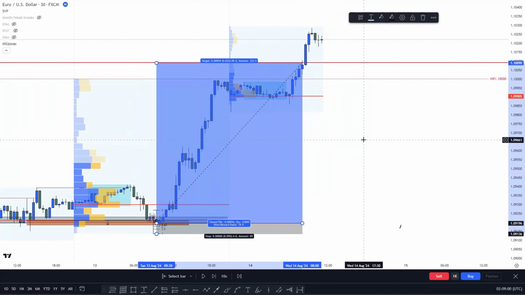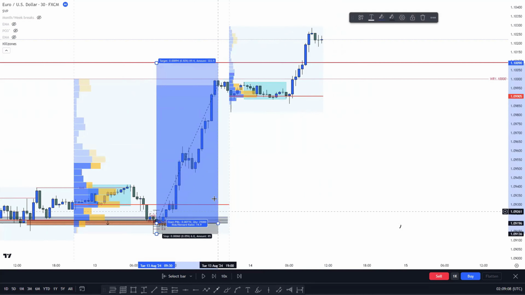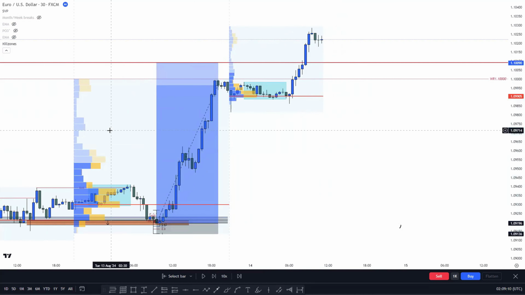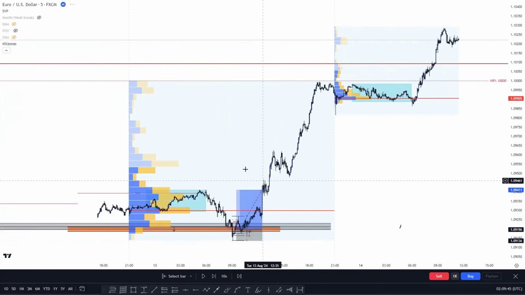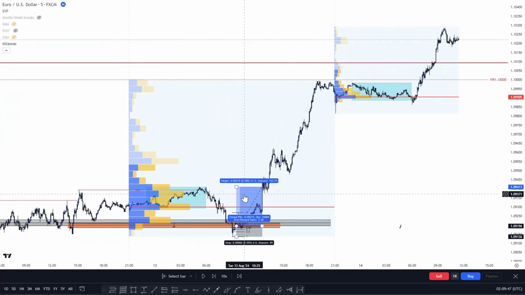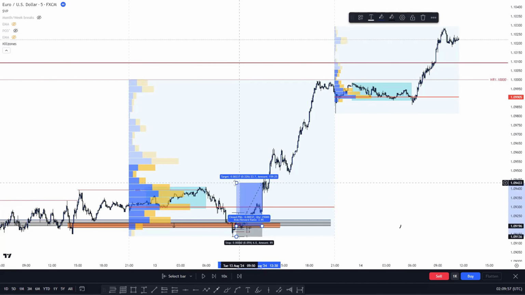So when you go back to the 5-minute time frame, we could clearly see that price only pushed from this low here to this high here within an hour.